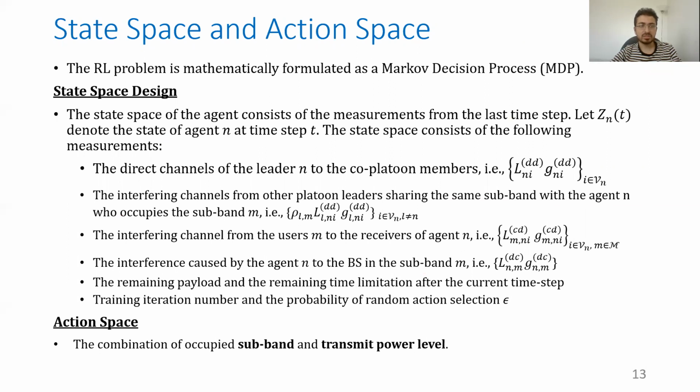The state space consists of the direct channel of the leader to the platoon members. Also, the state space consists of the interfering channel from other platoon leaders as well as the V2N user. And it also includes the remaining payload and remaining time limitation after the current time step. Meanwhile, the action space consists of the combination of occupied subband and transmit power level.